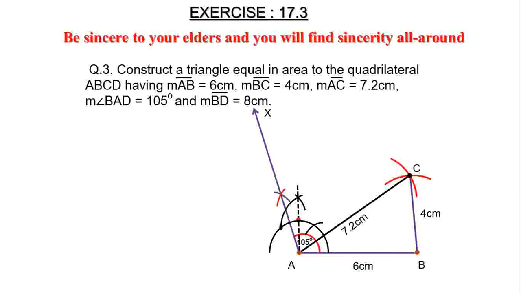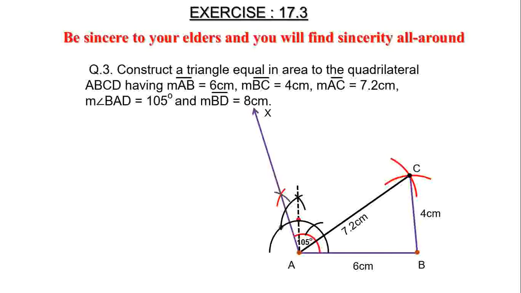It means that there should be some point D on ray AX. For that purpose, we have to consider the further given quantity in the data. And the last quantity given in the data is measure BD. D will be there somewhere on ray AX and B is already there in the figure, which is obvious.